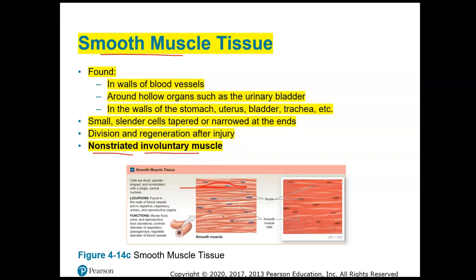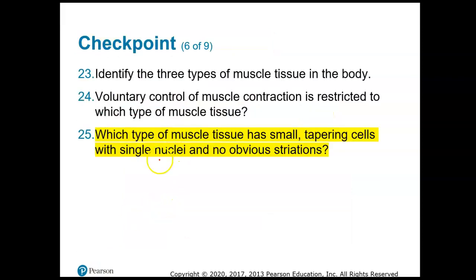They are involuntary, and you're going to find them within the walls of blood vessels, within the walls of, for example, your intestines, within the walls of your respiratory tract. And what smooth muscle is designed to do is move food, move urine, move air through the respiratory tract, move blood through the blood vessels. So that's smooth muscle.